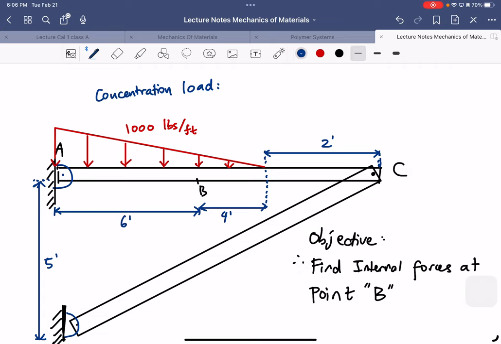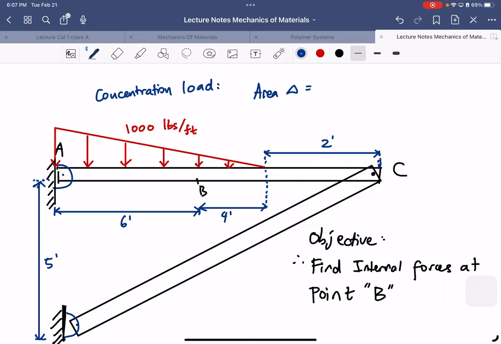So we are going to use the triangle area. The area of a triangle is half the base multiplied by the height. So we treat the 1,000 as the height.